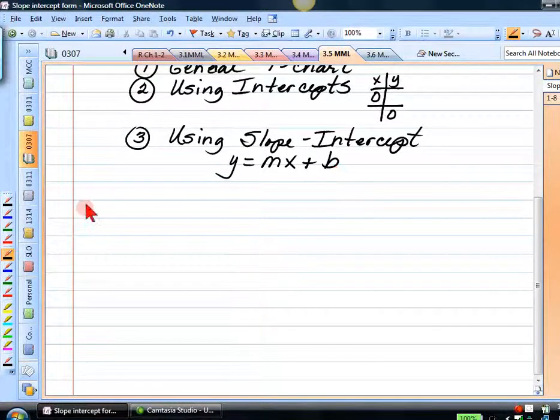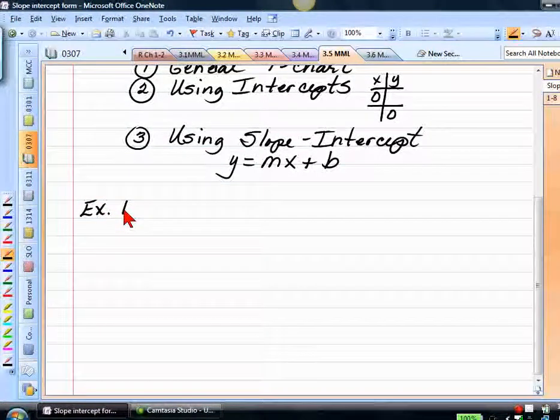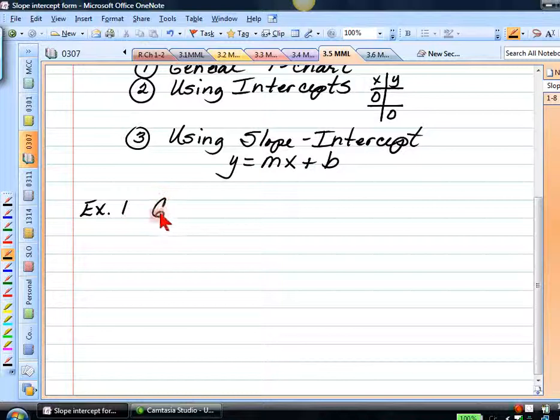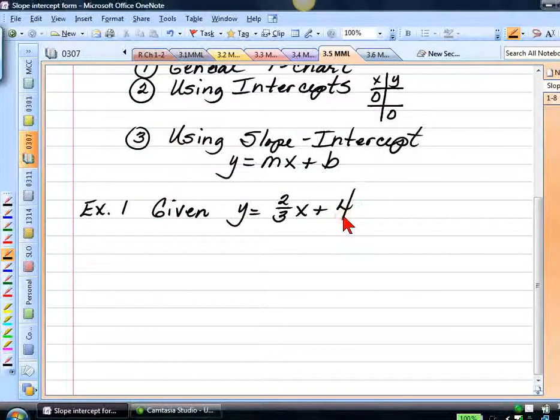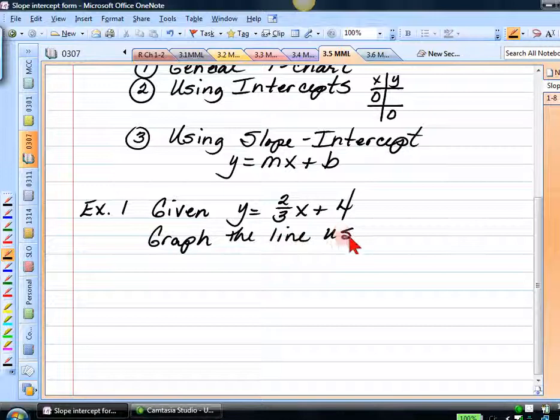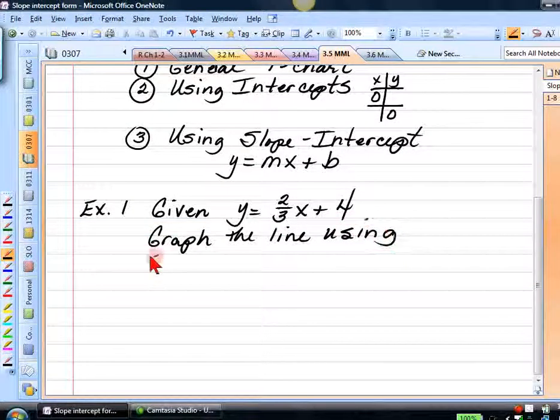So let's look at a couple of examples before we go to the math lab notes. Let's look at example 1. If you are given y equals 2/3 x plus 4, graph the line using slope-intercept.